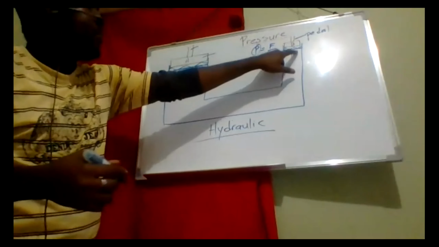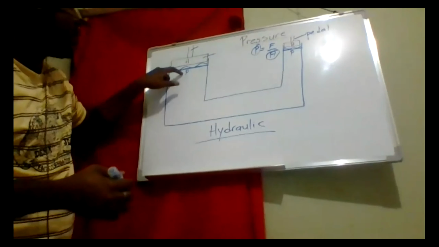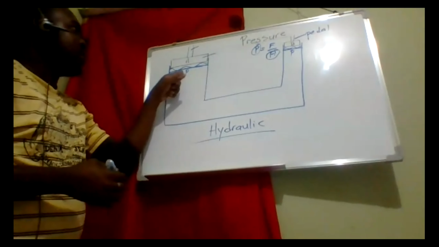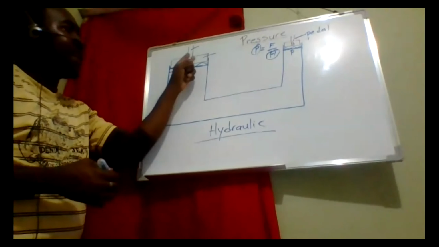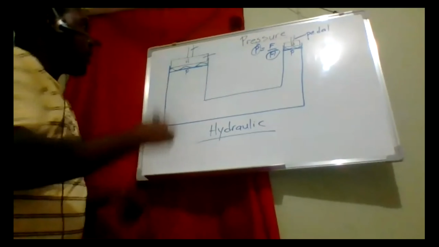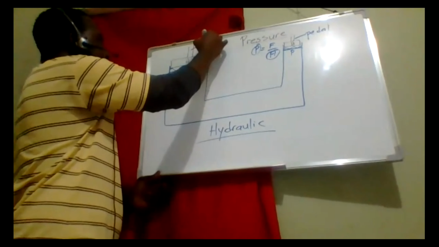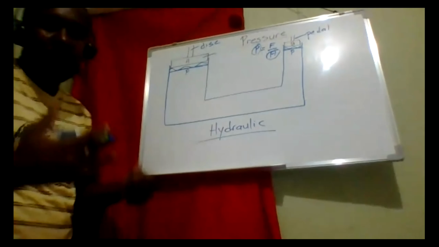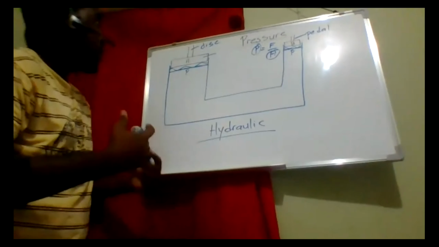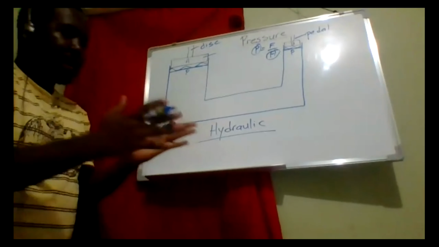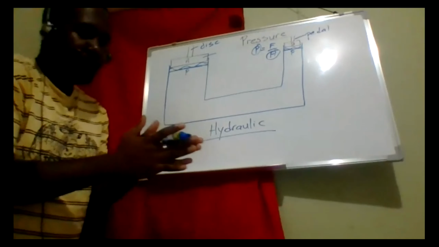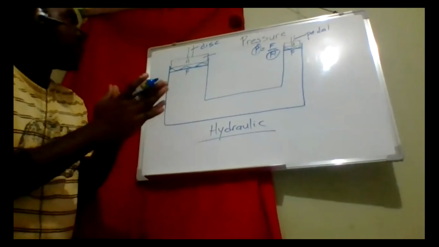And that pressure is sent over in the liquid to be the same value that is going to apply a pressure to piston A. Now piston A is connected to the brake disc on the wheels of the car, that will clamp on the wheel to actually slow down and stop the car.